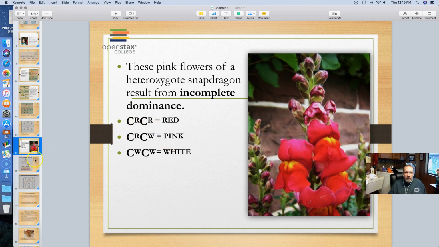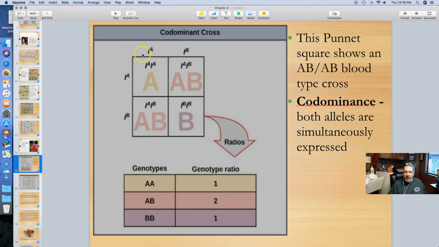I remember in the previous slide, if both alleles were present, then we had a whole different color than red or white. In the realm of blood types, and you're probably aware of blood types, you can have an A allele or a B allele.